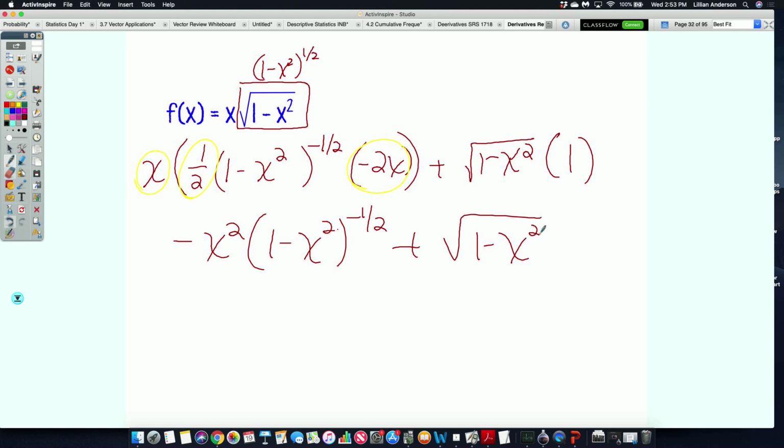I can continue to simplify that some more as negative x squared over the square root of 1 minus x squared, plus the square root of 1 minus x squared. And that will be your derivative. Just be careful when it comes to your multiplying, okay?